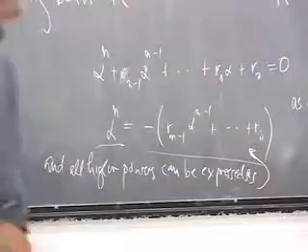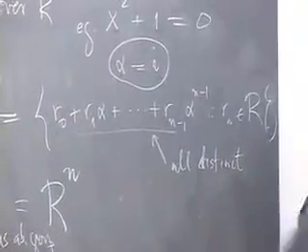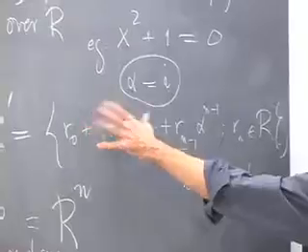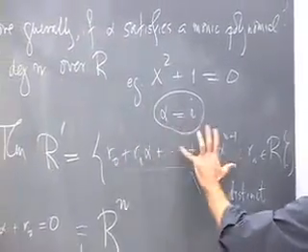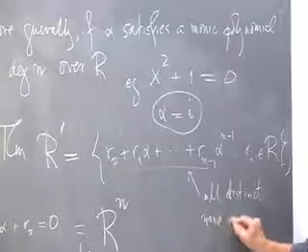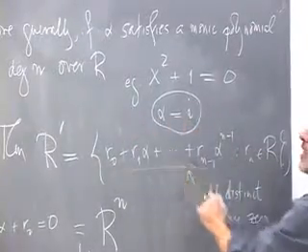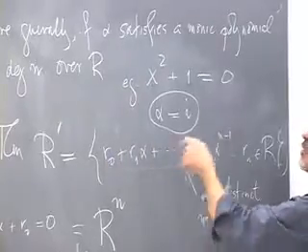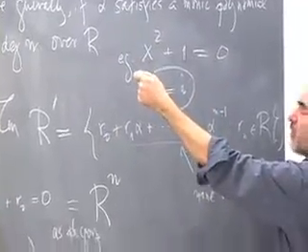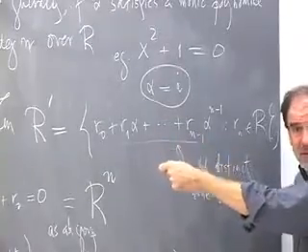And in fact, these polynomials represent the different polynomials in alpha you get by adding to R. They're all distinct. If there were some linear combination of these that were 0, then alpha would have satisfied a polynomial over R of smaller degree than n, namely a polynomial of degree n minus 1.